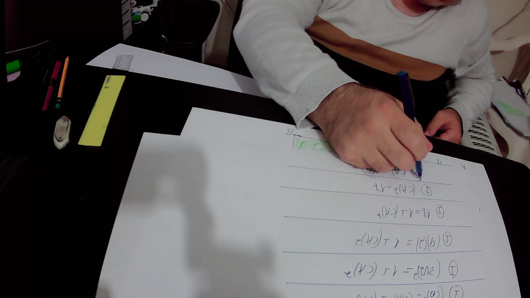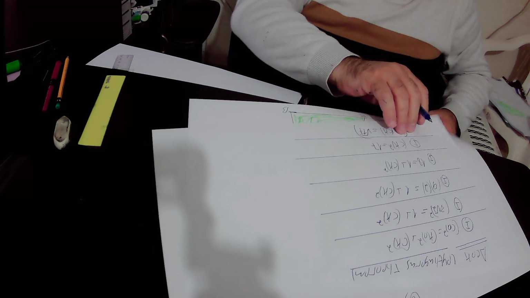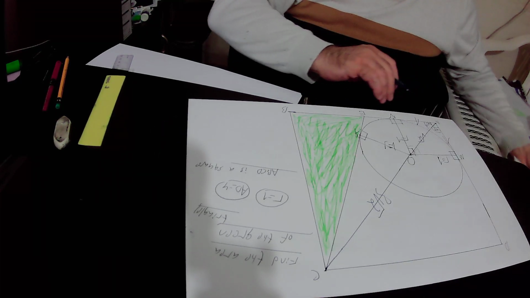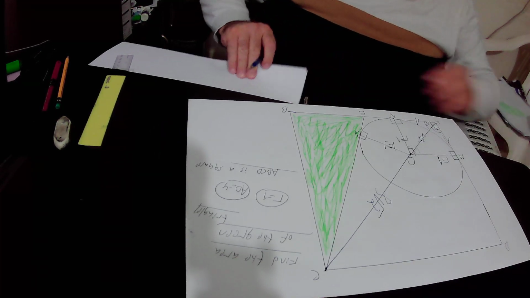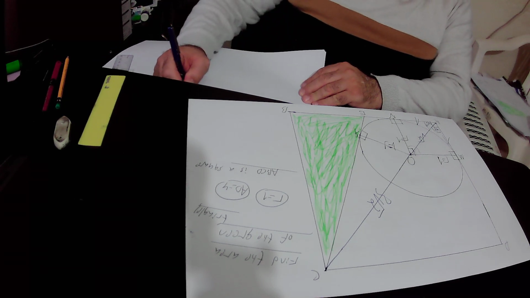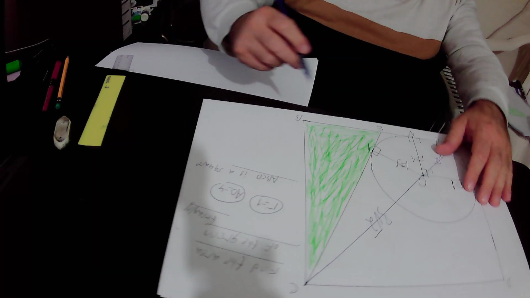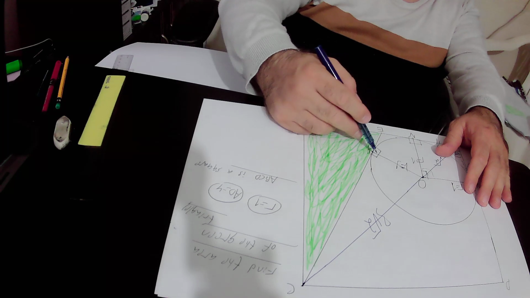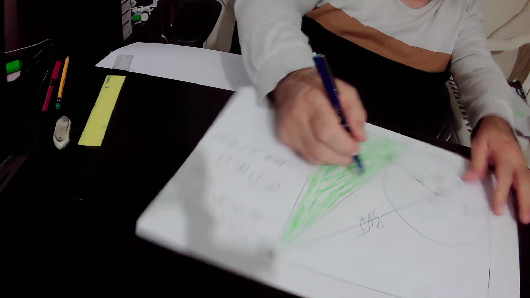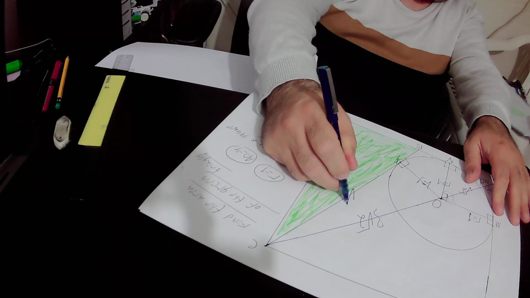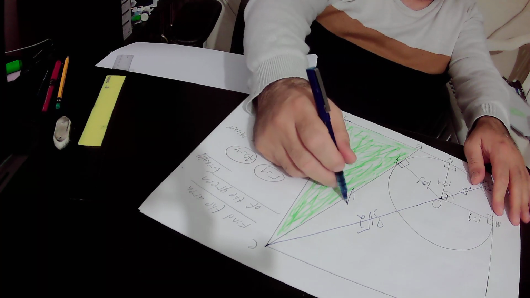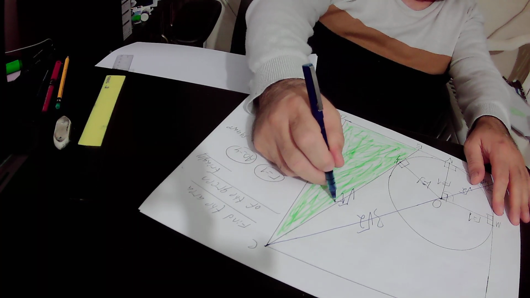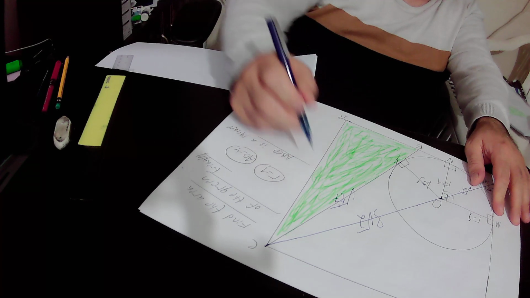Okay, CK equals the square root of 17. So we can write here that CK, this segment, equals the square root of 17. Okay?